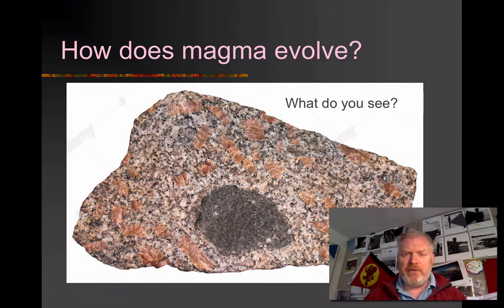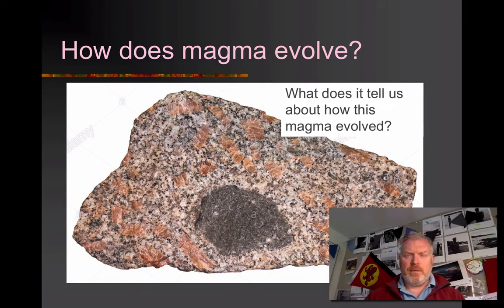It could be a blob of more mafic magma being injected into the silicic magma, or it could be a lump of country rock falling into the magma, which then partially melts, putting more silica into the magma. Either way, the composition of the magma, the properties of that magma, are going to change as a result. It does perhaps contribute to our understanding of what's actually happened in the formation of this rock.